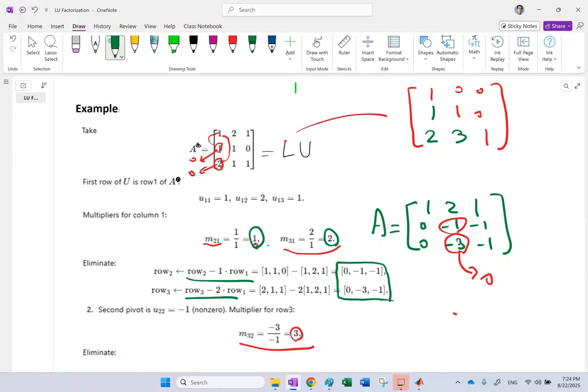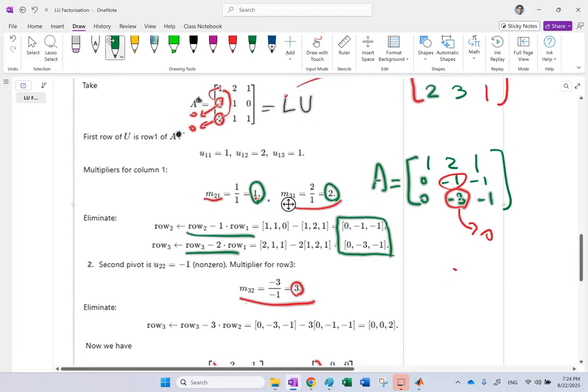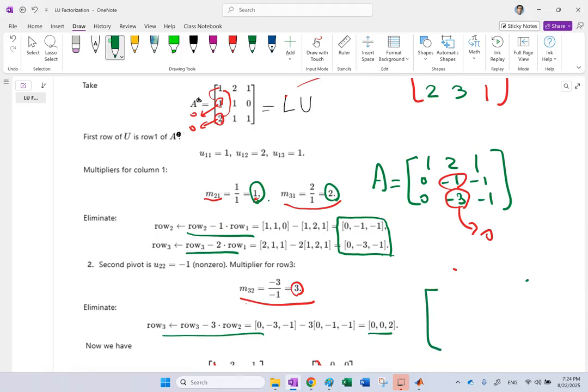So now I multiply row 2 by 3 and subtract it from row 3. And if you do that, then your last row becomes this. So now at the last stage, your A matrix becomes this one. You see clearly this is an upper triangular matrix, so that is your U, as I said.